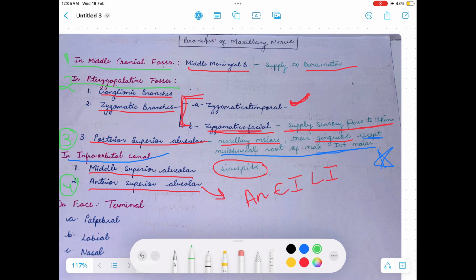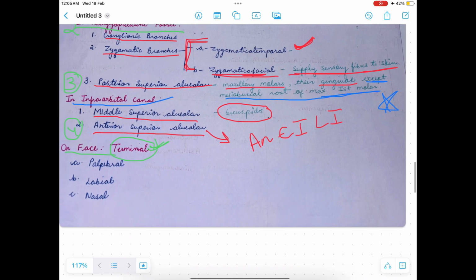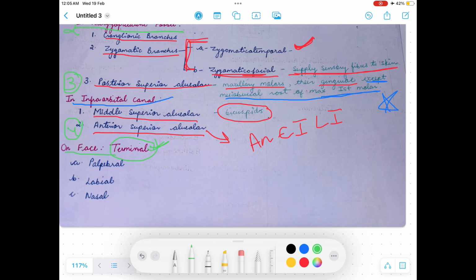Now let's get to the fourth region, the face. On the face, it gives terminal branches. What are the terminal branches? First is the palpebral, which supplies the lower eyelid region.